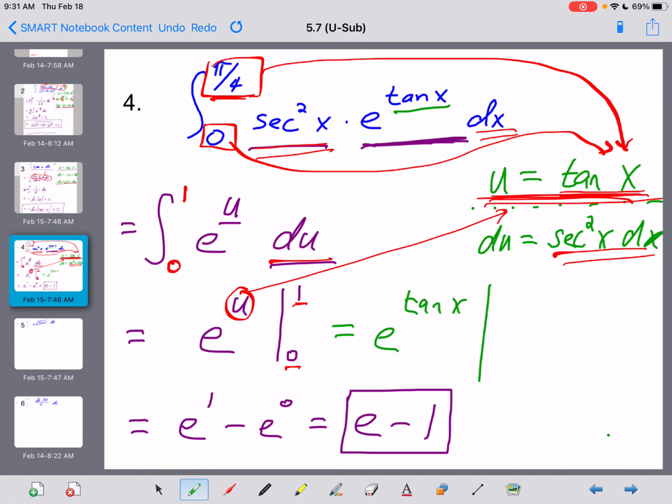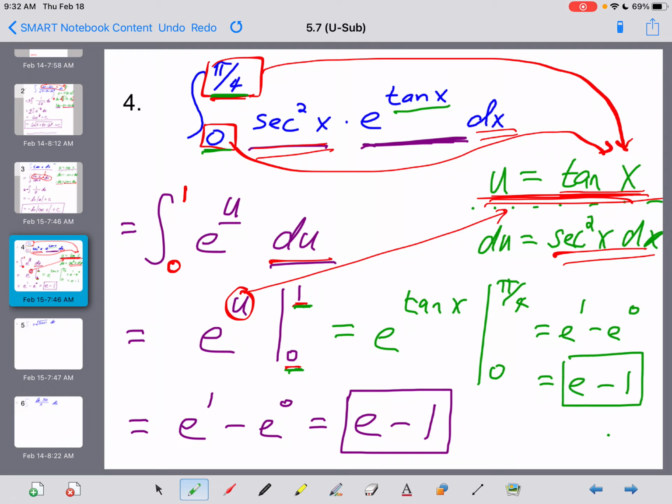But if you're going to do that, these values, which we changed into u values, now need to go back to their original x values of 0 and pi over 4. And if you do that, guess what you're going to get, guys? E to the tangent of pi over 4 is e to the 1, minus e to the tangent of 0 is 0, and you're still going to get e minus 1.